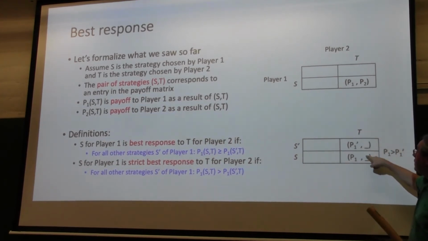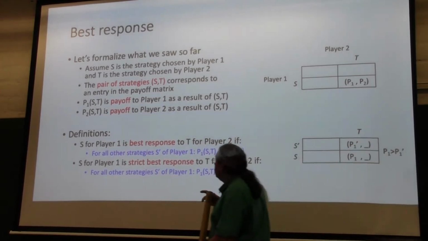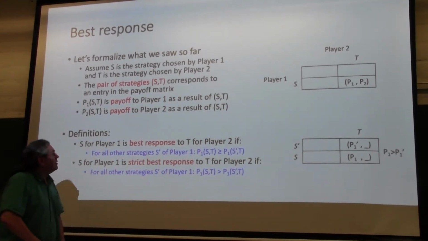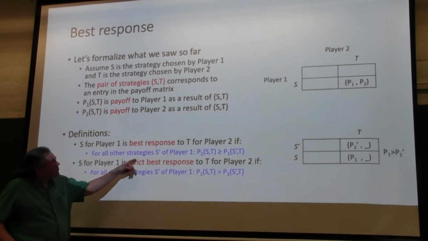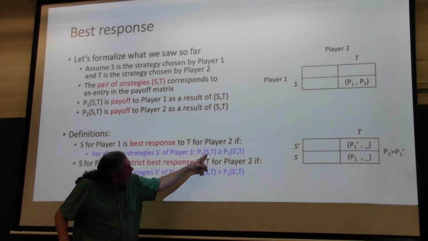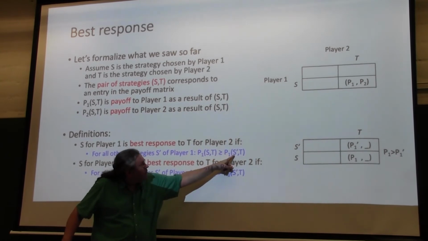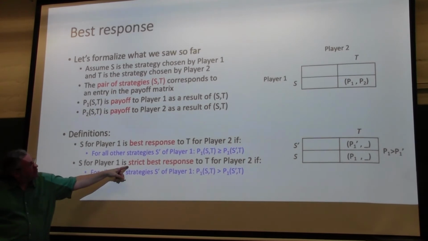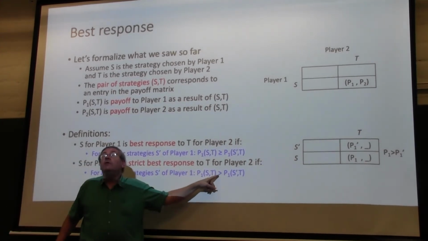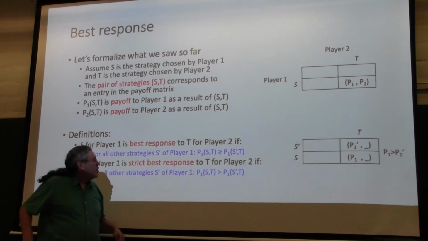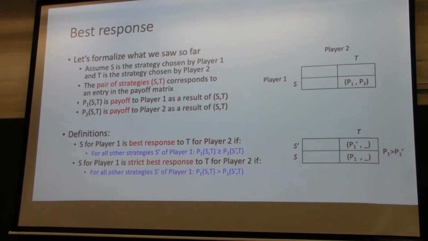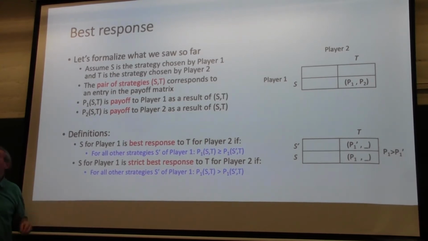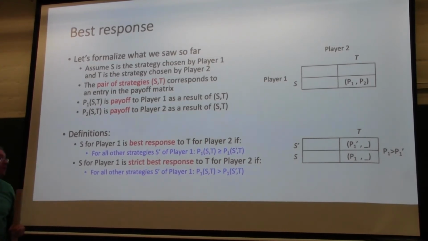If player 2 does T, player 1 should do S. Okay, so S for player 1 is a best response to T if, for all other strategies, the payoff from S is bigger than or equal to the payoff from S prime. Okay, so that's best response. We have a strict best response if it's strictly greater. So the strictly dominant strategy is when the same S for player 1 is the best response for all of the choices of player 2.